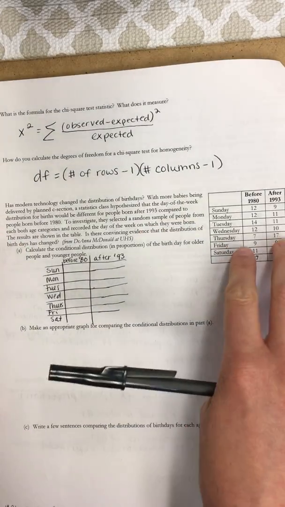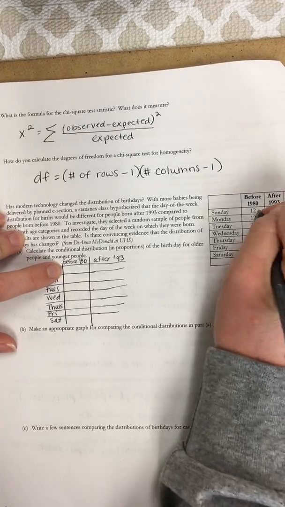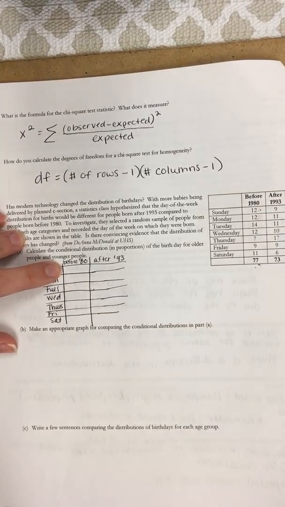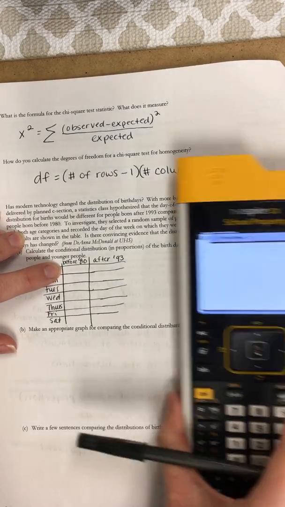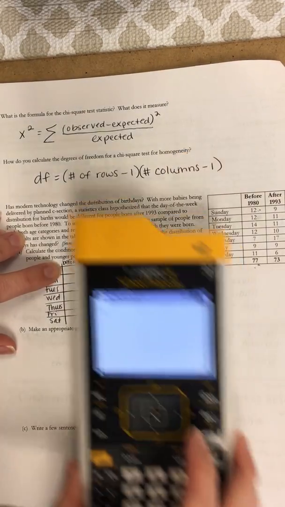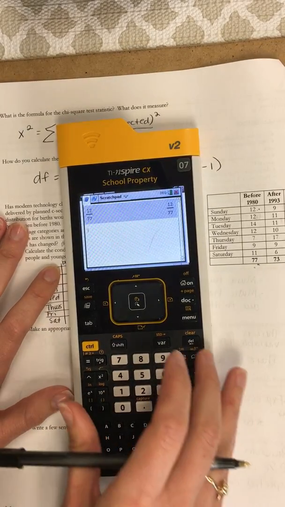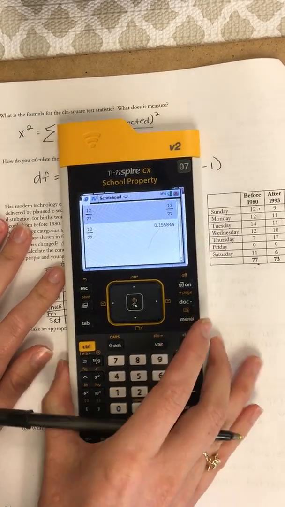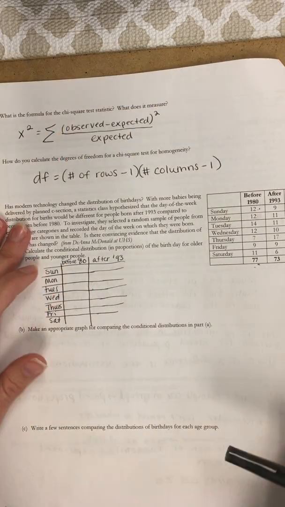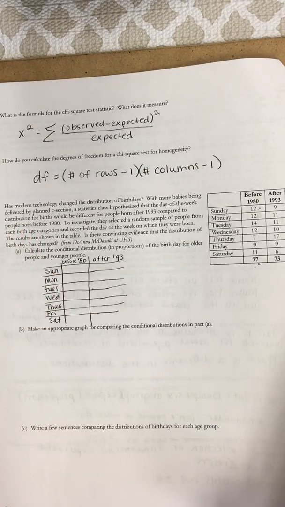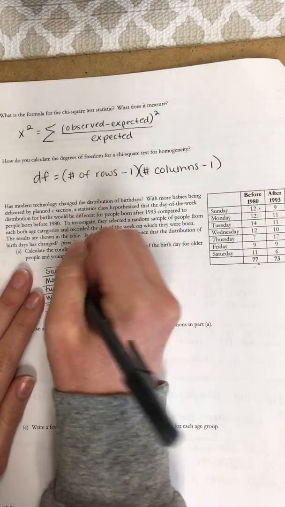Okay, so to figure out what to put here, I'm going to divide 12 by the total in that category, which was 77. And I'm going to write these as decimals. So 0.156, I guess 0.16 is fine.